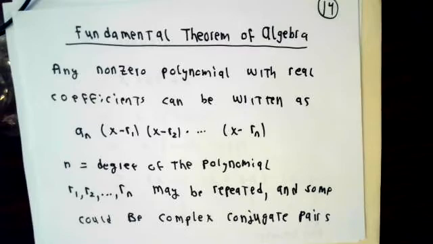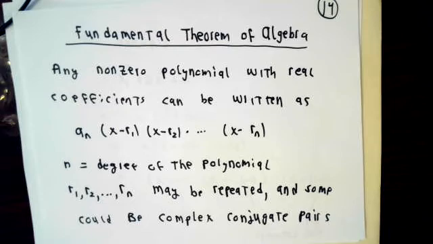There's a fact that you've probably heard mentioned before called the fundamental theorem of algebra. It says this: any non-zero polynomial with real coefficients can be written as a non-zero constant, an, times x minus r1 times x minus r2 out to x minus rn, where n is the degree of the polynomial. r1 through rn are the roots of the polynomial.